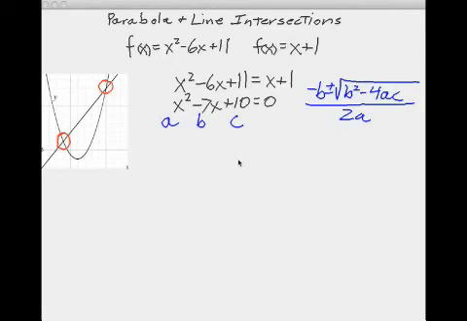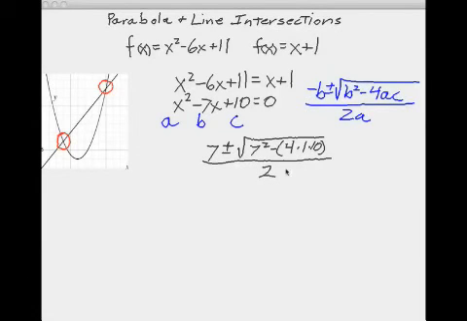So let's simply fill in the values and see what we get. So I get minus b is 7 plus or minus square root of 7 squared minus 4 times a, which is 1, times c, which is 10, all of this divided by 2 times a.